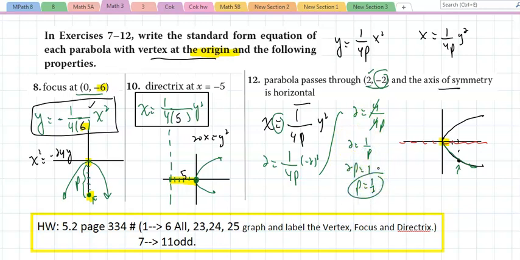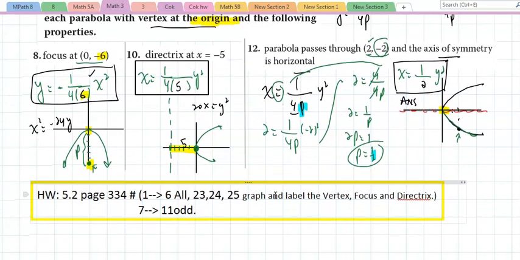What does p equal 1/2 mean? That means you take that equation and you write x equal 1 over, and if I put a 1/2 in there, what's half of 4? Isn't that a 2? And that would be the answer.